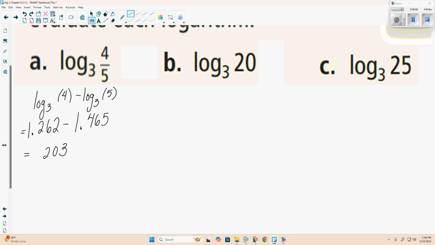So we replace log base 3 of 4 with 1.262, and we replace log base 3 of 5 with 1.465. And we subtract those, we get negative 0.203. Questions on A?